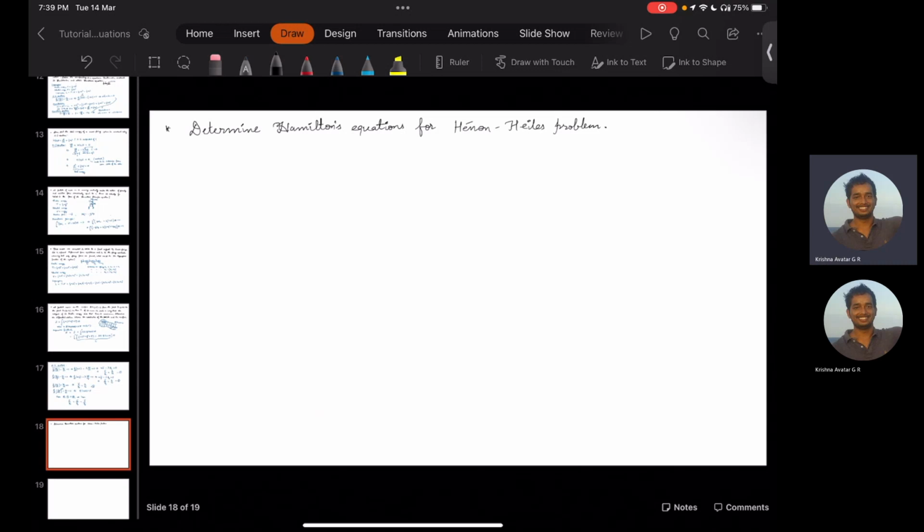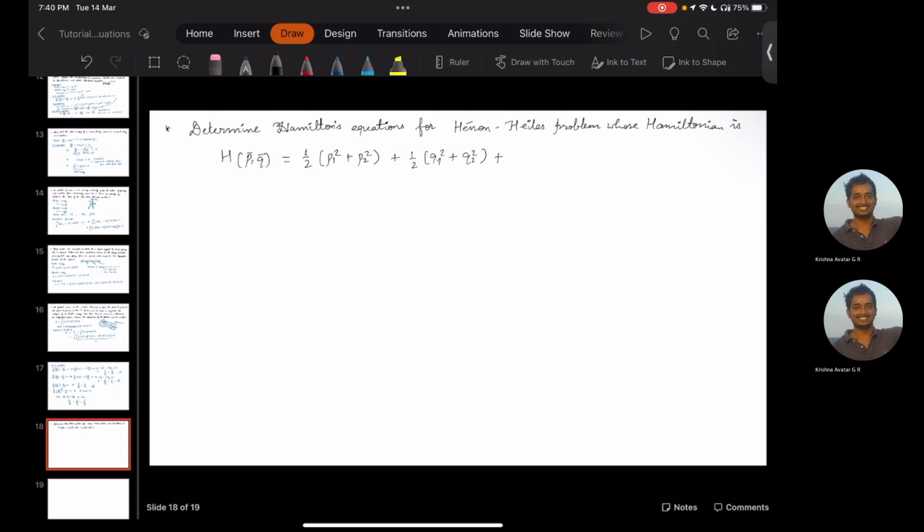The Hamiltonian of this problem is given by H, a function of p and q, both vectors, equal to half of p1 squared plus p2 squared, plus half of q1 squared plus q2 squared, plus q1 squared q2 minus 1 by 3 q2 cubed.